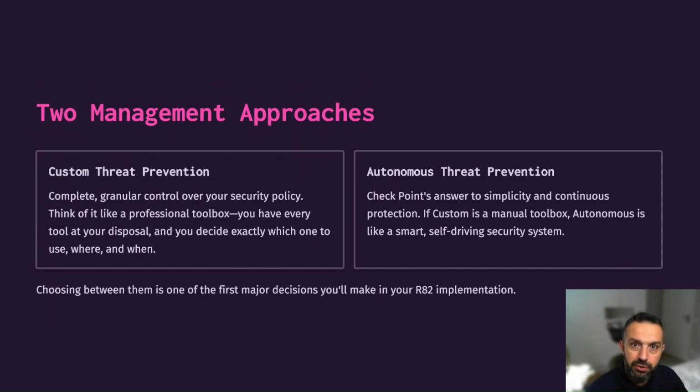So choosing between custom and autonomous is a strategic decision that will shape how you manage your security for years to come. There is no single right answer, only a right answer for your environment.